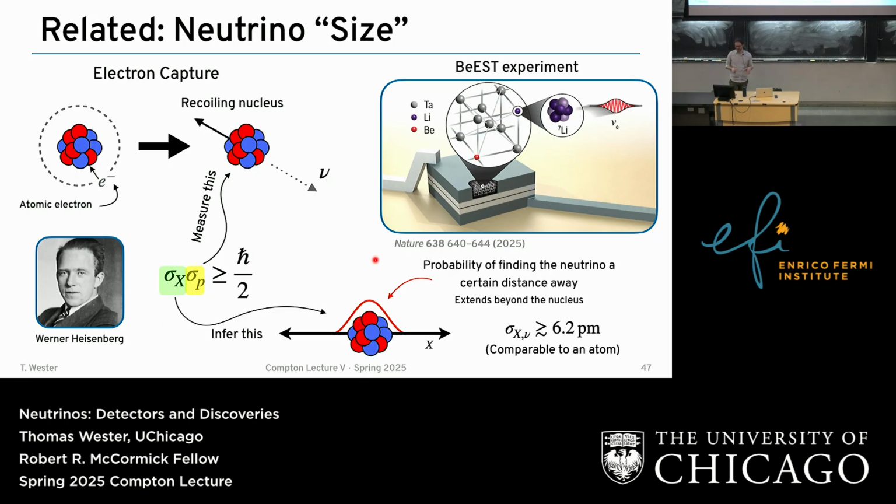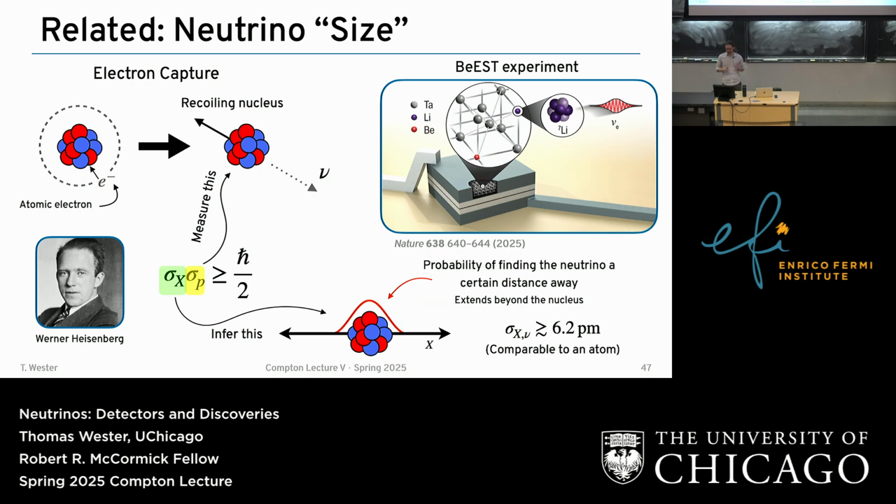So what they did is they measured this, and because the recoiling nucleus is related to the neutrino through quantum superposition, they were able to extract that the position of the neutrino has to be localized to a pretty large area. So in this diagram here, I'm showing just the position, which we're calling x. And this red band here shows the overlap of where the neutrino could have been after the decay relative to the nucleus.